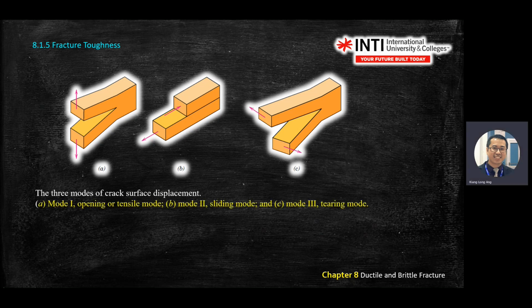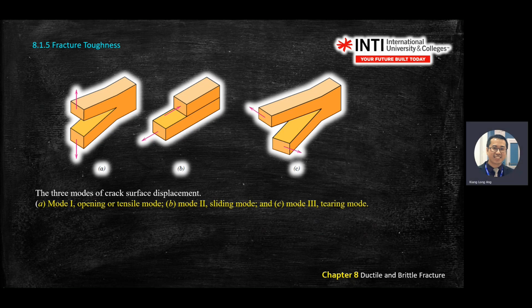So there are three modes of surface crack. First, mode 1 is the opening. It's normal, you try to tear something. So this is mode 1, a mode 1 crack. If you run a simulation using finite element analysis or ANSYS software, you can define what mode you want to simulate.